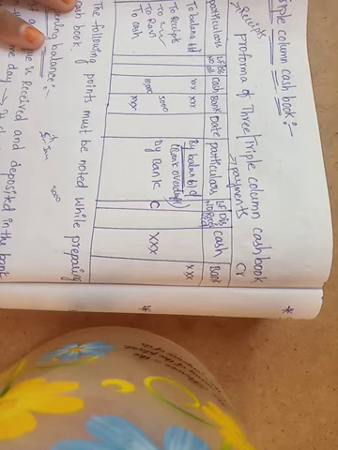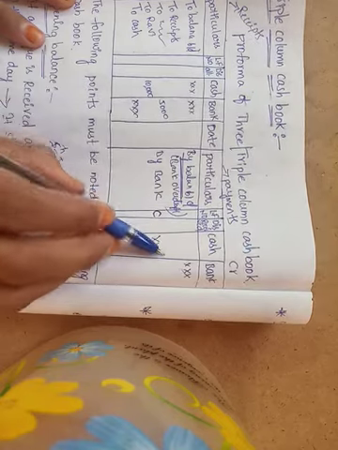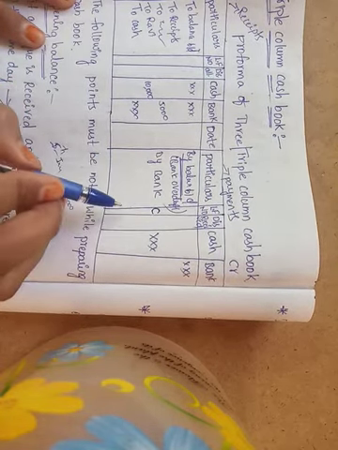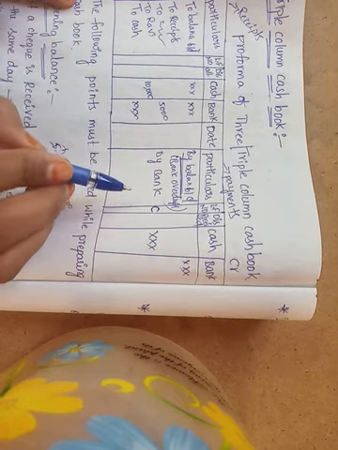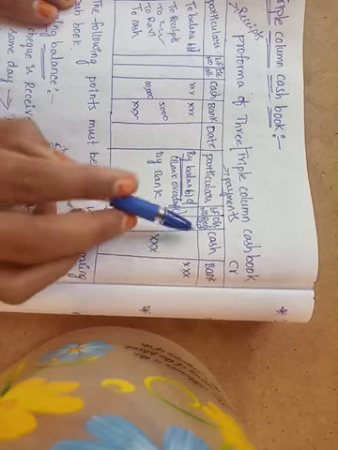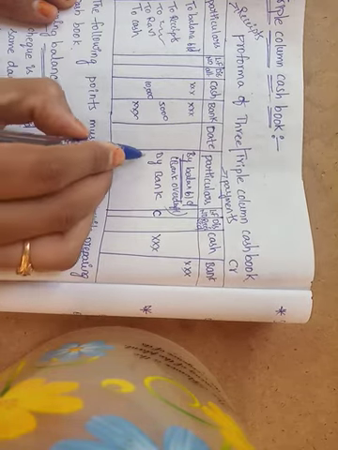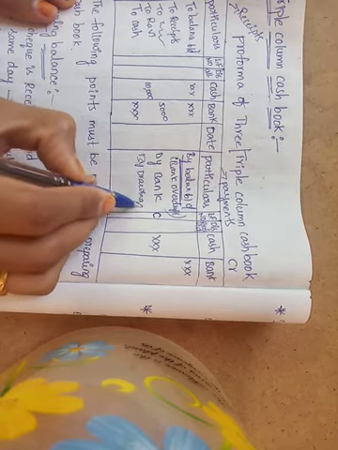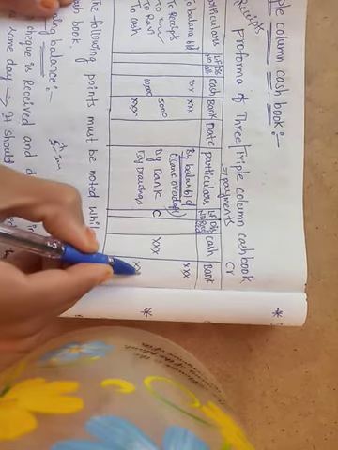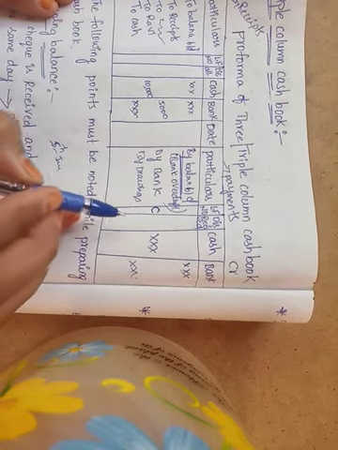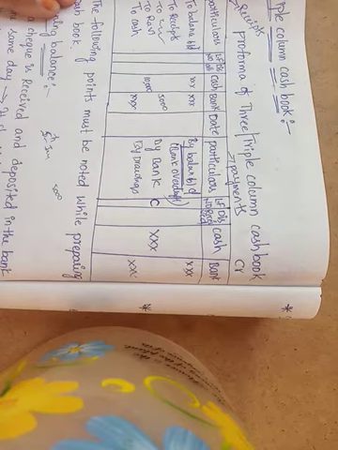Drawings account debit to bank account. So instead of cash, we use the word bank now. Bank appears on the credit side. So on the credit side of this cash book, by drawings, write that amount in the bank column. So it is not a contra entry.